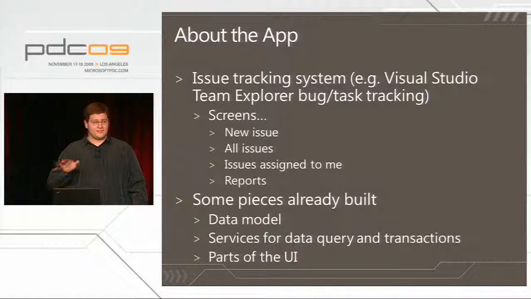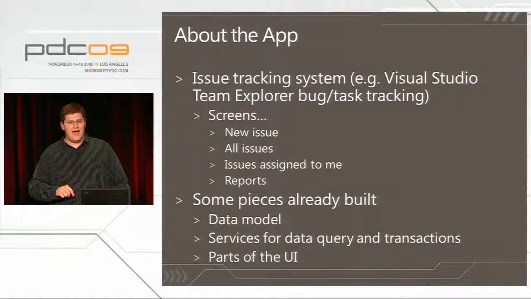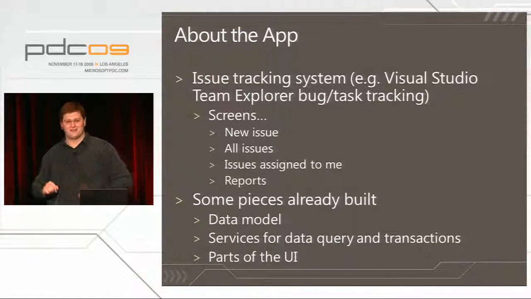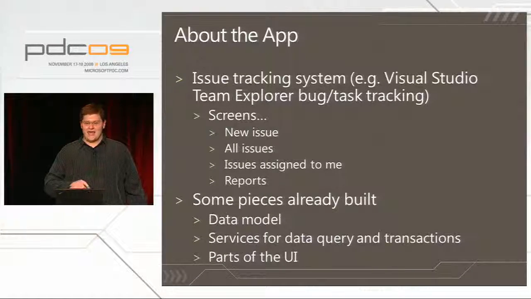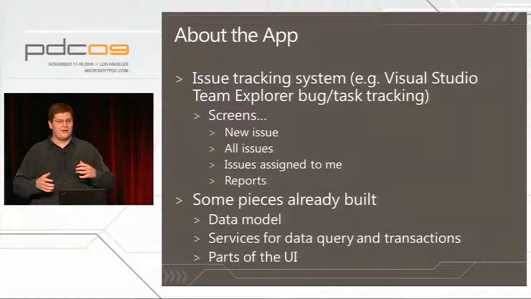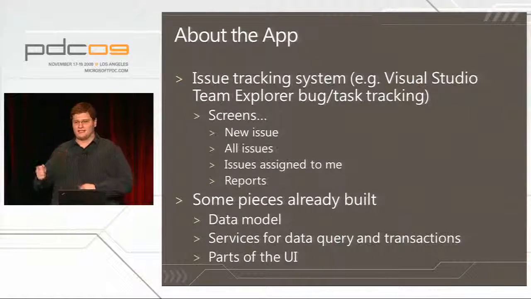For that, I used RIA services, for which there are a couple of talks on tomorrow. And I won't be going into how all of that works in this talk. For those, you can check out the talks tomorrow by Brad Abrams and Dinesh Kulkarni. And then I've already built out a fair amount of the UI just so that we can jump right into the new features.